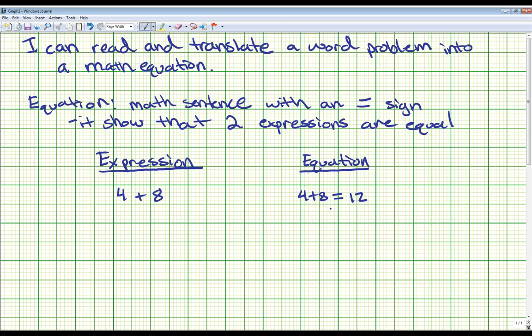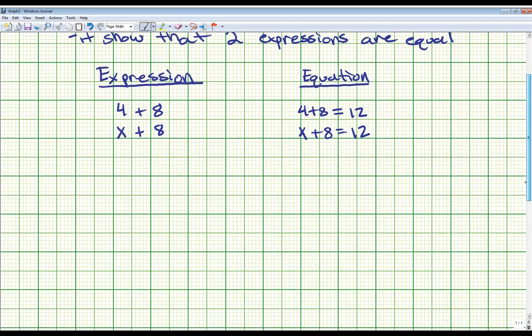Now it's called an equation because it's got an equal sign. And then the next one, what if we had something like x plus 8? So we have a variable involved. If we did this, x plus 8 equals 12, it's now called an equation. So that's just helping us understand the difference between expressions and equations.